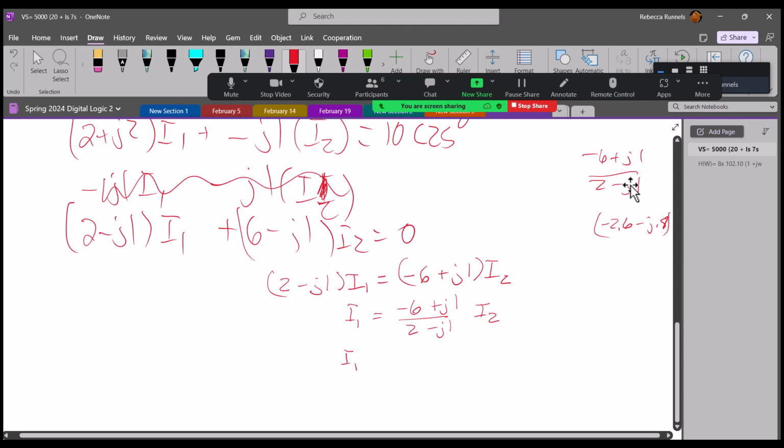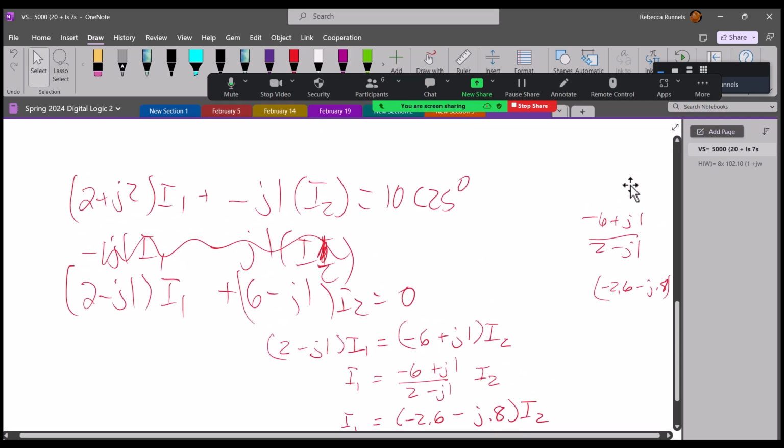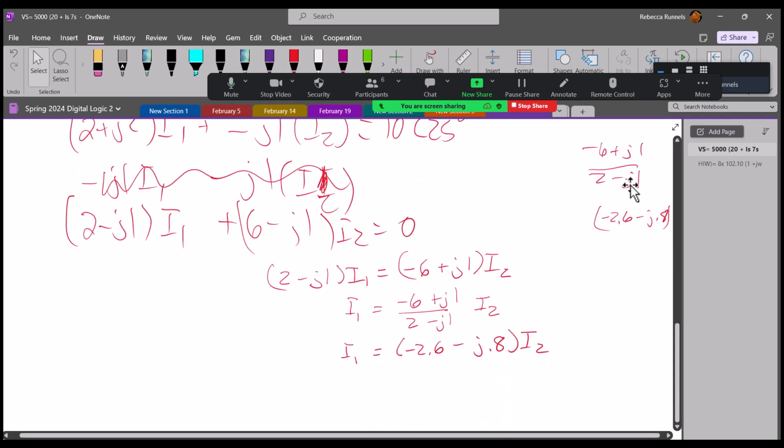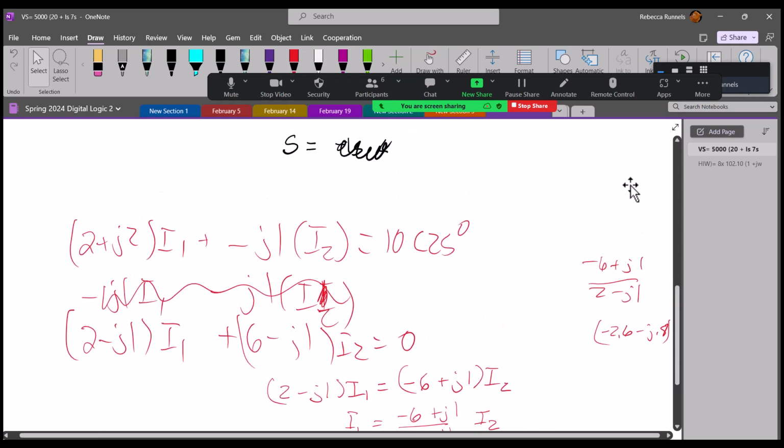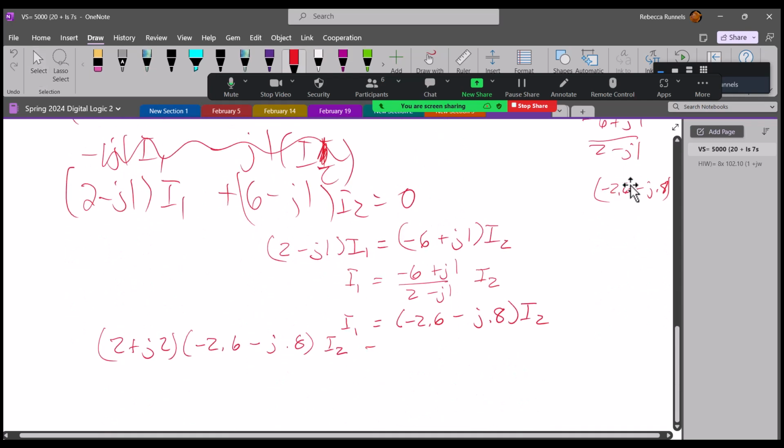So I1 equals minus 2.6 minus j.8 I2. So now I plug that into my other equation. So 2 plus j2 I1, and then I1 is minus 2.6 minus j.8 I2, minus j1 I2.